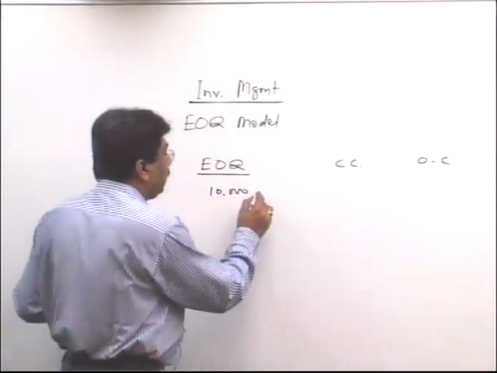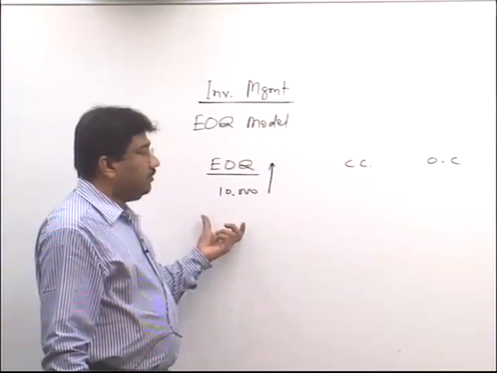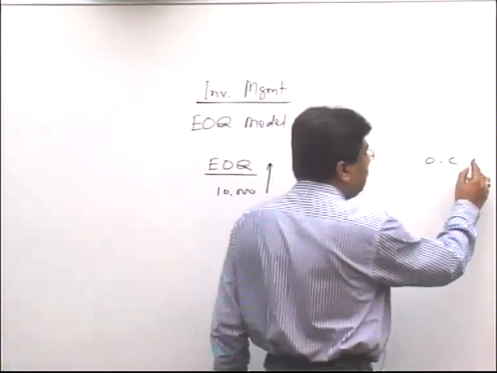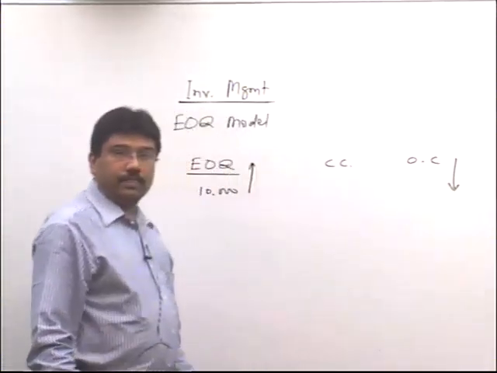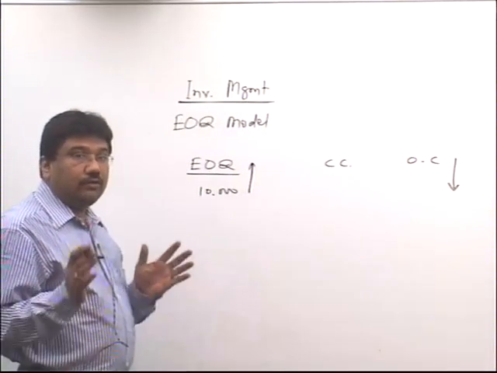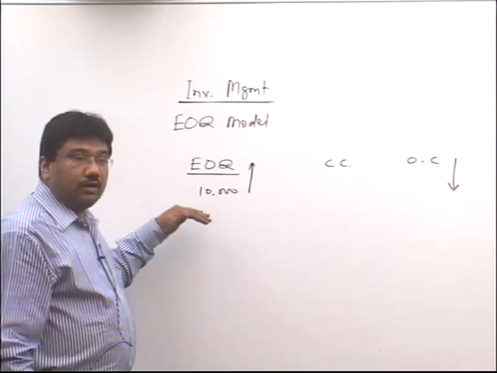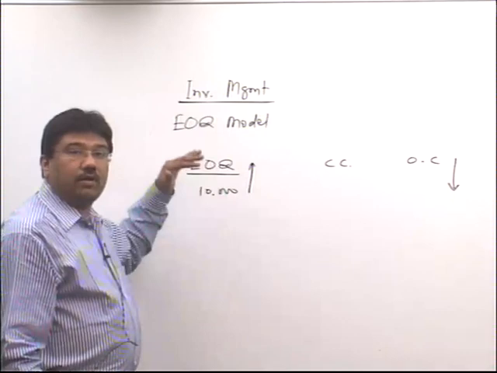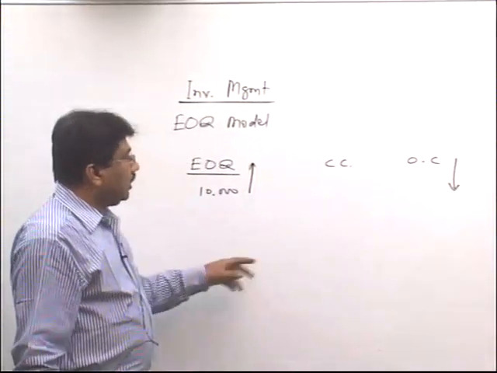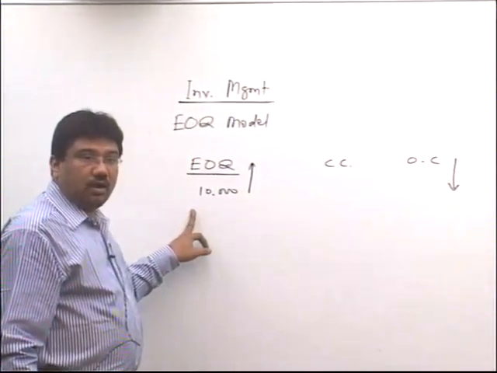If you increase the quantity ordered in one order, then the ordering cost goes down, because the total number of orders decreases. If your annual consumption remains constant and in one order you order more units, then the number of orders goes down, so ordering cost goes down. So you can say that ordering cost has an inverse relationship with the quantity ordered.